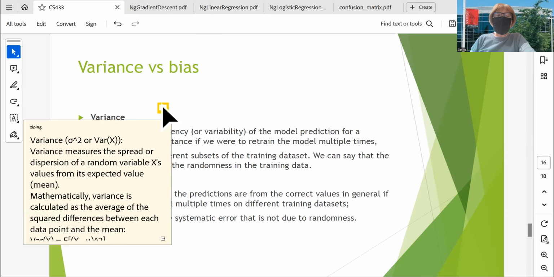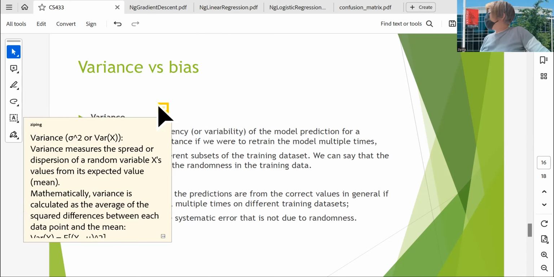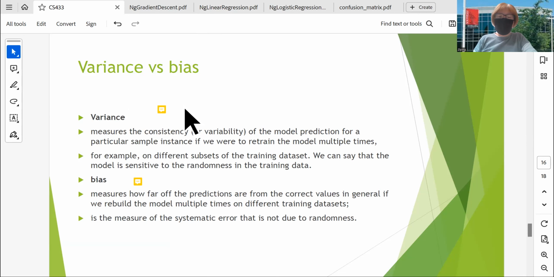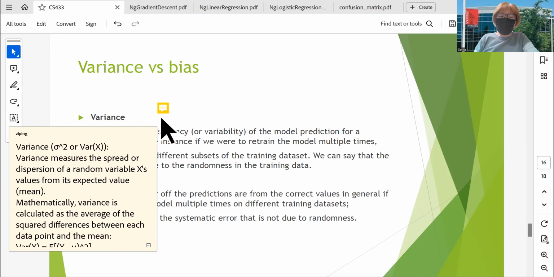Here we see the definition: variance measures the spread of a random variable from its expected value. So that's variance.